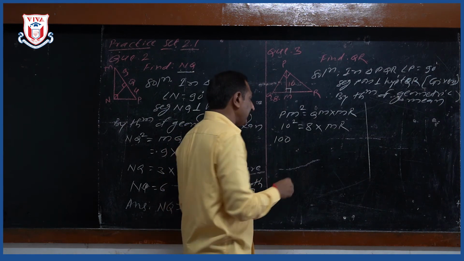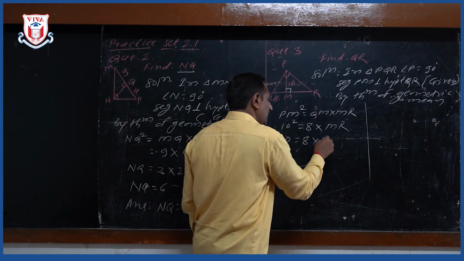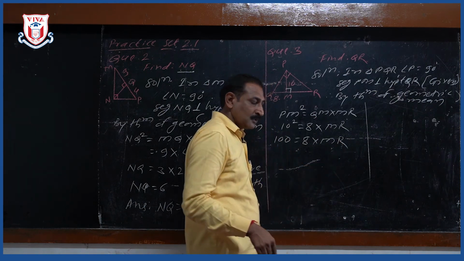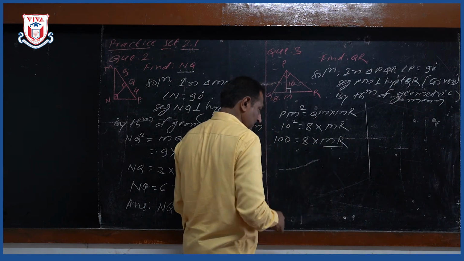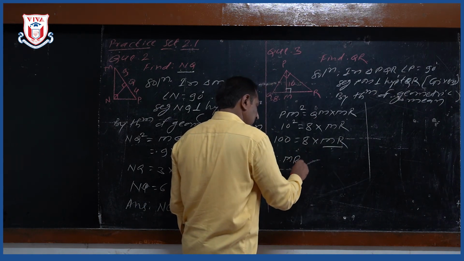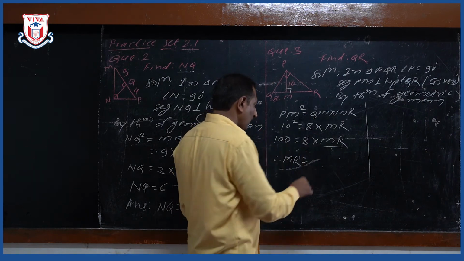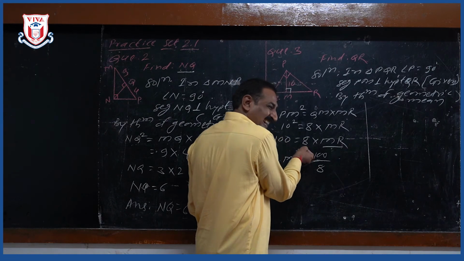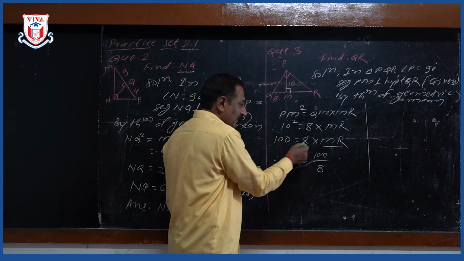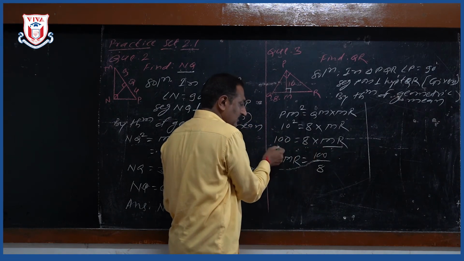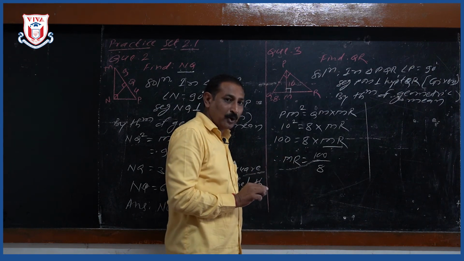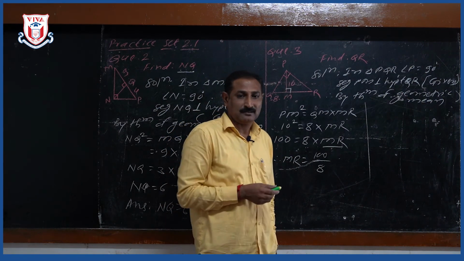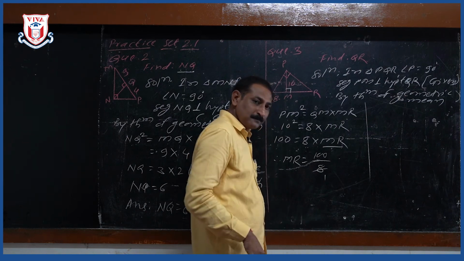Square of 10 is 100. This is equal to 8 into MR. You find the value of this MR. Hence MR is equal to what? 100 upon 8. You transfer this 8 to this side. Here multiplied, then divide. 100 upon 8. Now simplify it. 8 ones are 8.